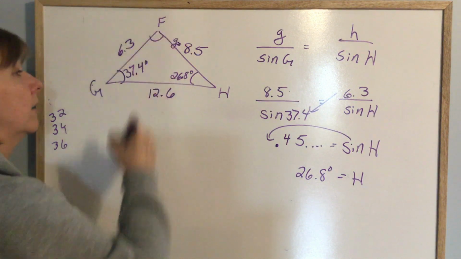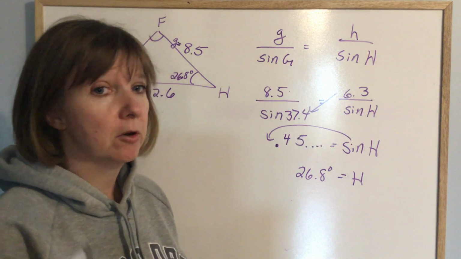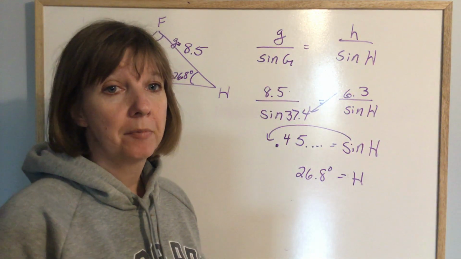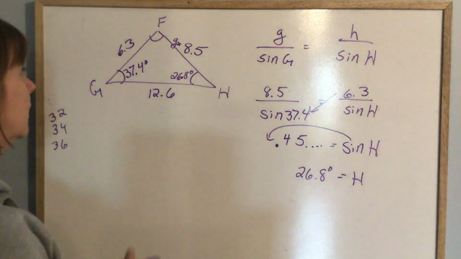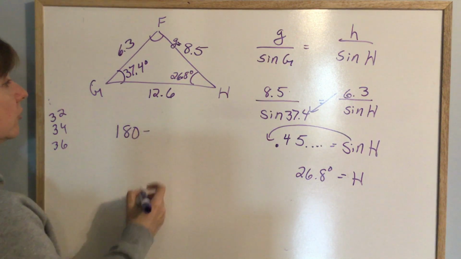So to figure out angle F, I could do law of cosines. If you do, that's fine, but I'm going to call you crazy. You could do law of sines. I will call you less crazy, but still crazy. Or I can do, listen, there's 180 degrees in a triangle.